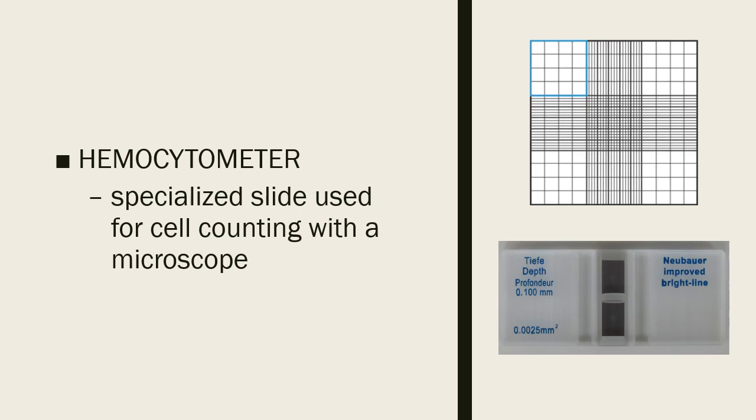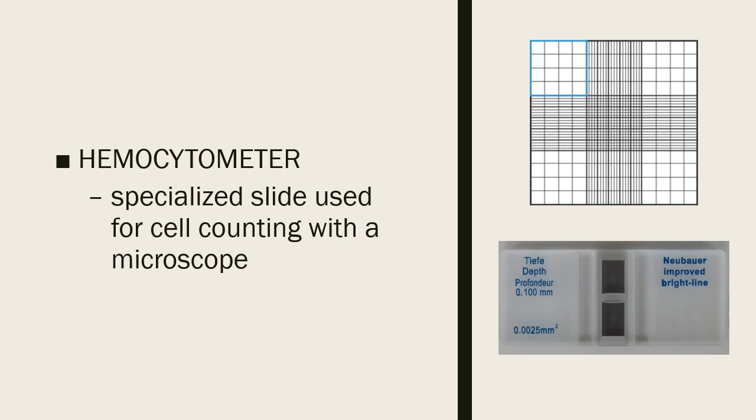Okay, and so this is again your hemocytometer used in cell counting. Your hemocytometer is also used in the hematology section, also to do manual cell counting of RBCs, WBCs, together with your platelets also.